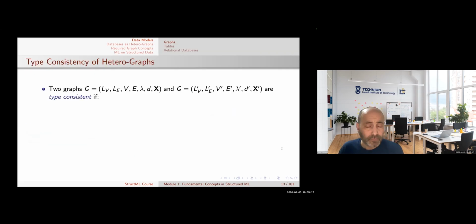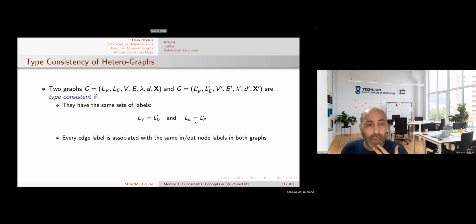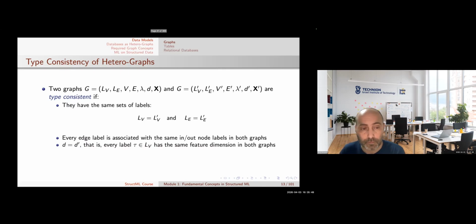Now, an important concept is the idea of type consistency, where two graphs have the same structure or meta information. They are type consistent if they have the same set of node labels and the same set of edge labels, and every edge label is associated with the same incoming and outgoing node labels in both graphs.